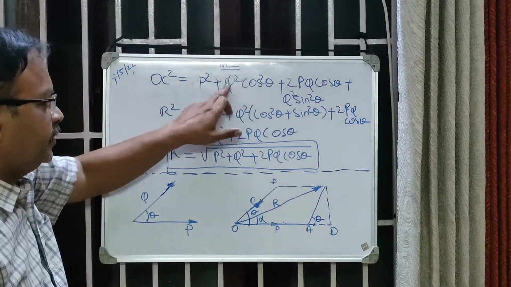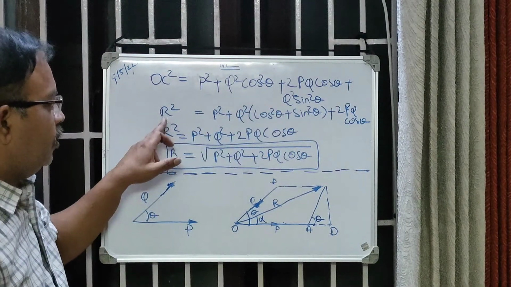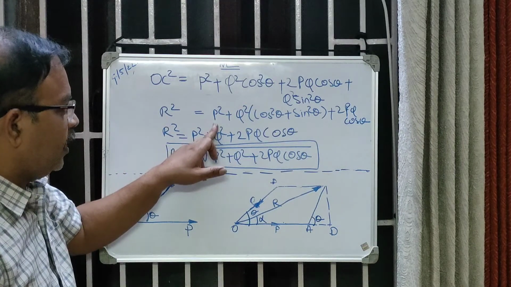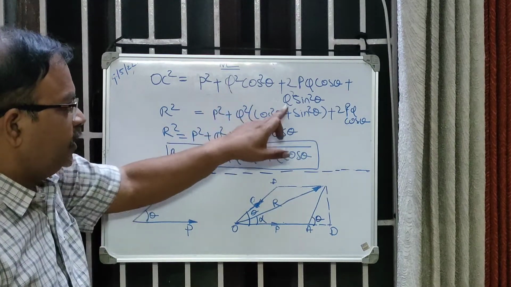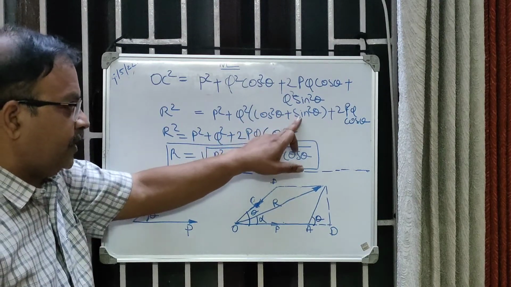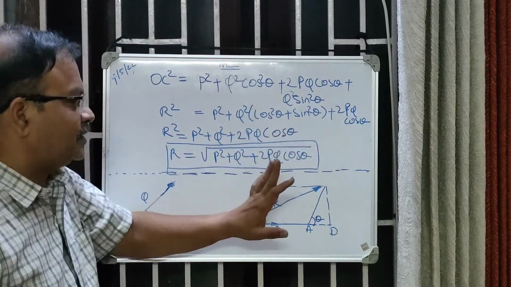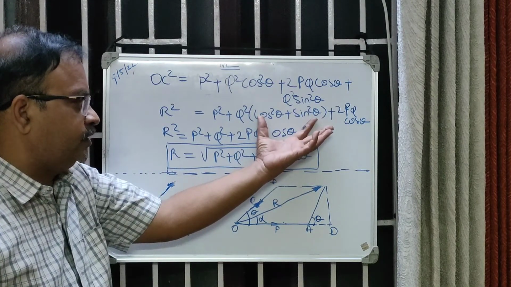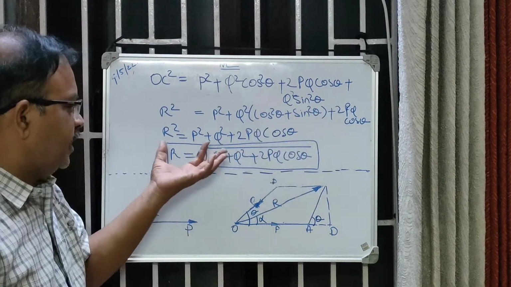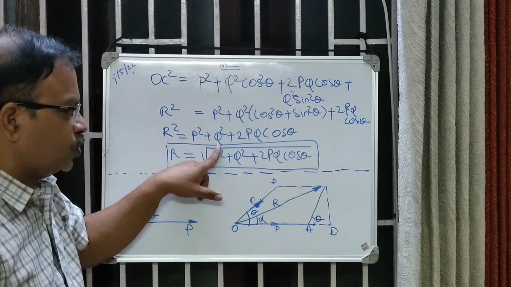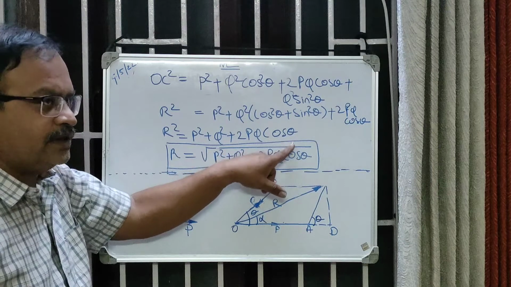Now combining these terms, we get OC is nothing but R. So R square equal to P square plus Q square into (cos square theta plus sin square theta) plus 2PQ cos theta. Now we all know that cos square theta plus sin square theta is equal to 1. So this gets reduced as R square equal to P square plus Q square plus 2PQ cos theta.